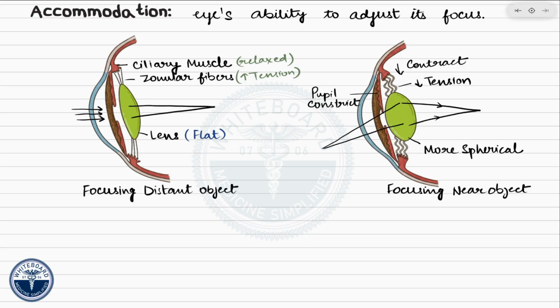This tension stretches the lens, making it flatter and therefore better suited for focusing parallel light rays coming from distant objects onto the retina. In contrast, when the ciliary muscle contracts, the tension on the zonular fibers decreases. As a result, the lens is no longer stretched and becomes more rounded or more spherical. Consequently, we are able to see near objects clearly.